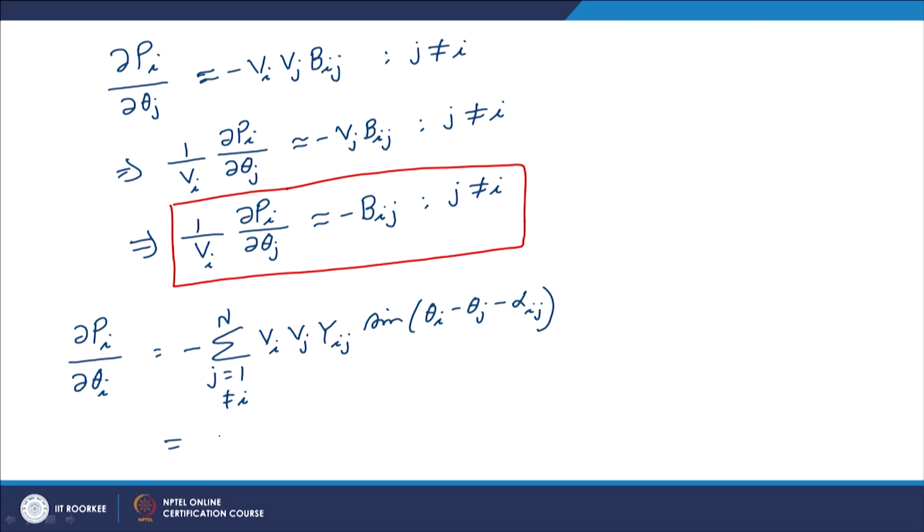So, what we do here is an intelligent thing: we add V I V I y I I, so V I square y I I sin(theta I minus theta I minus alpha I I).